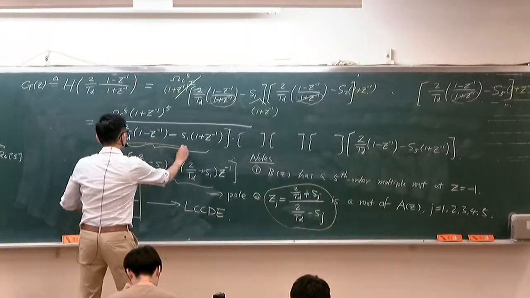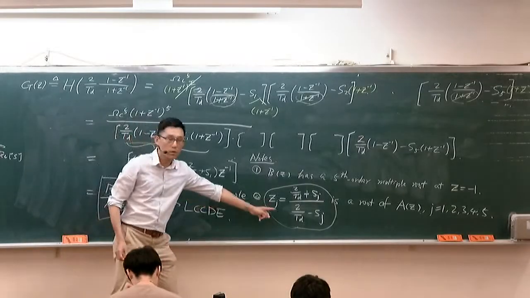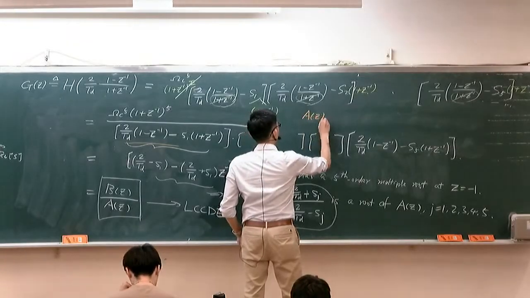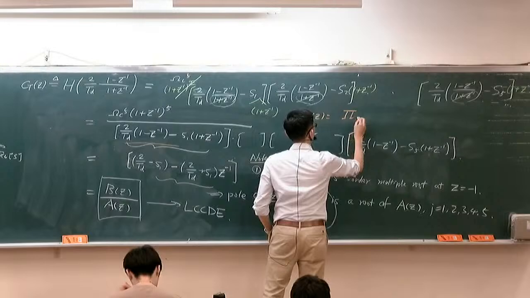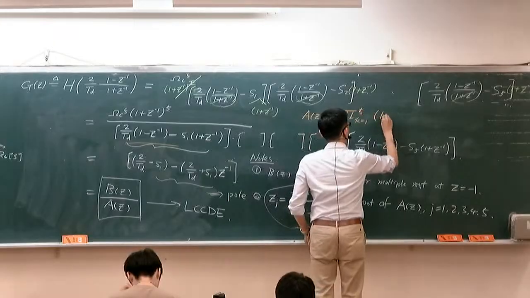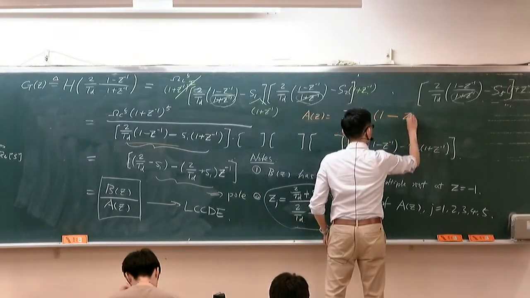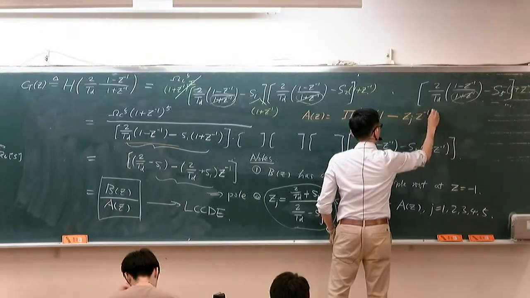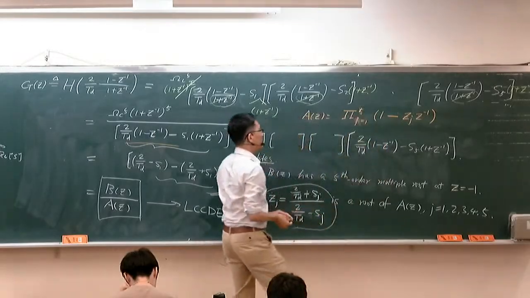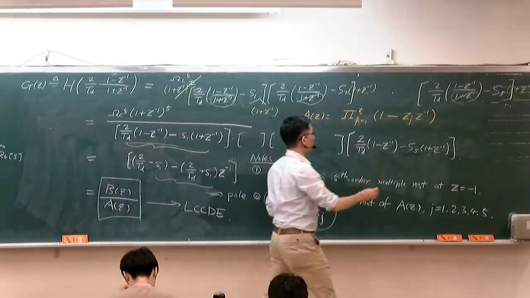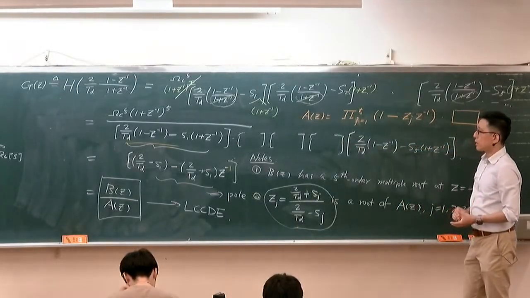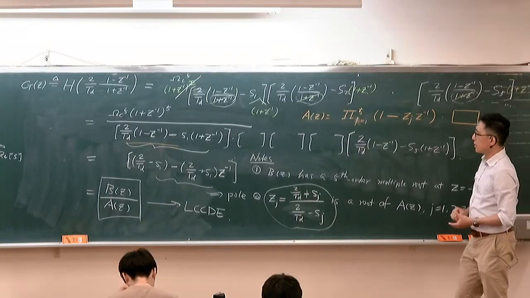Now each bracket contributes one pole. In general, the entire A of z can be expressed as the product of (1 minus z_j z inverse) inverse, times a big constant.